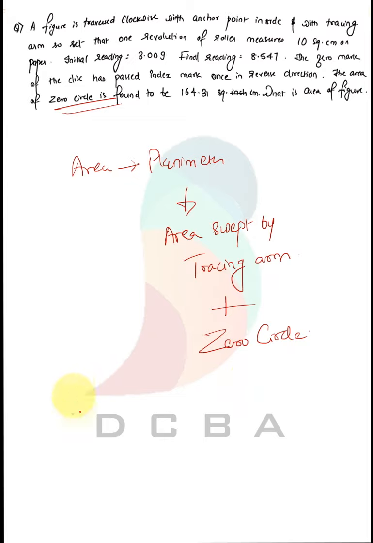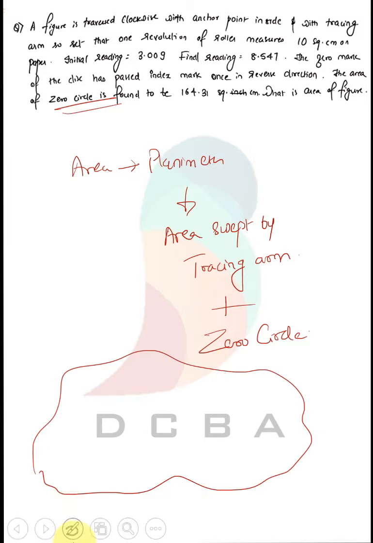But if you remember what we had done, if the area was very large, like this, and the planimeter was somewhere here, we had placed the anchor point here somewhere, and let us say this to be the anchor arm, and this be the tracing arm, right?